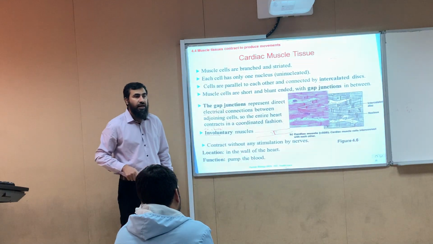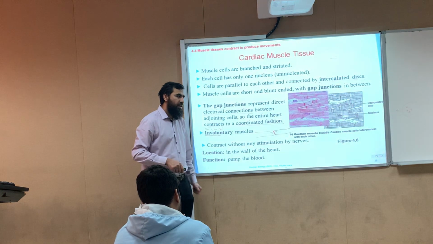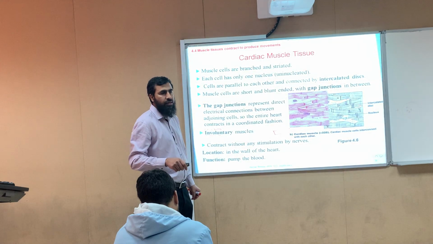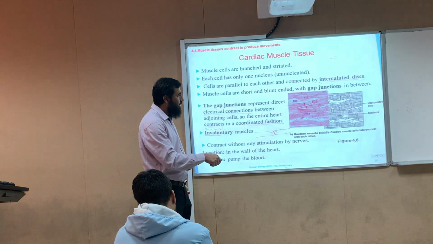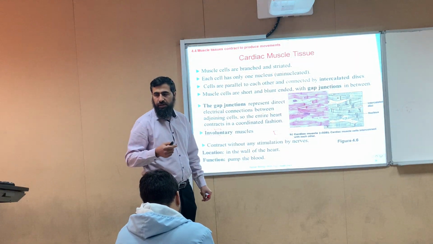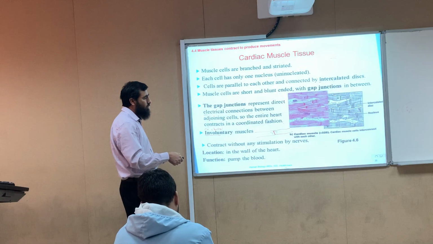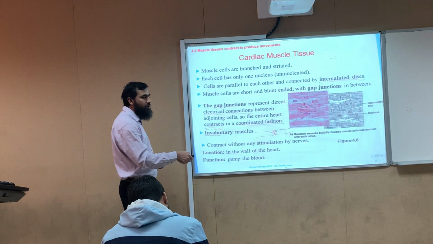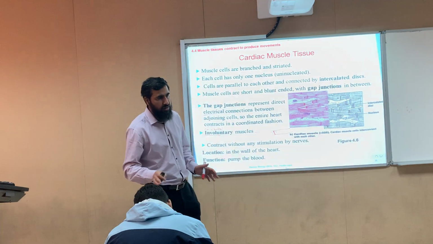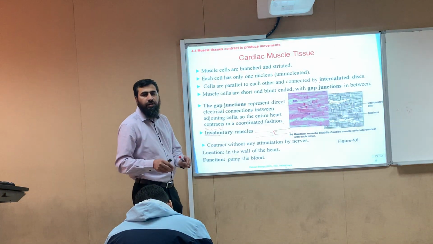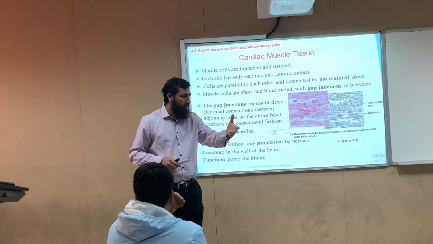And one more thing, they don't contract by nerve impulses on their own. They have their own specialized tissue, the sinoatrial node and the atrioventricular (AV) node. We'll learn about those next semester in the cardiovascular system. But those tissues found within the heart itself generate the electrical impulses.